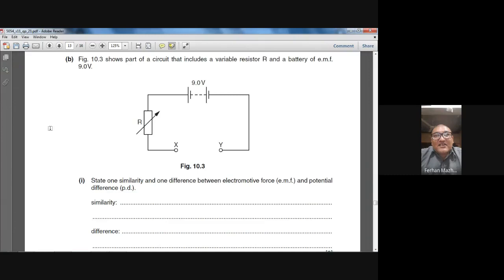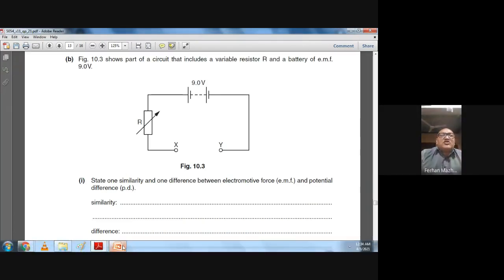Another difference is that the electromotive force involves chemical energy being converted into electric energy. But when you define the potential difference, then the electric energy is converted into any other form of energy. So that is the difference between the potential difference and the electromotive force or EMF.